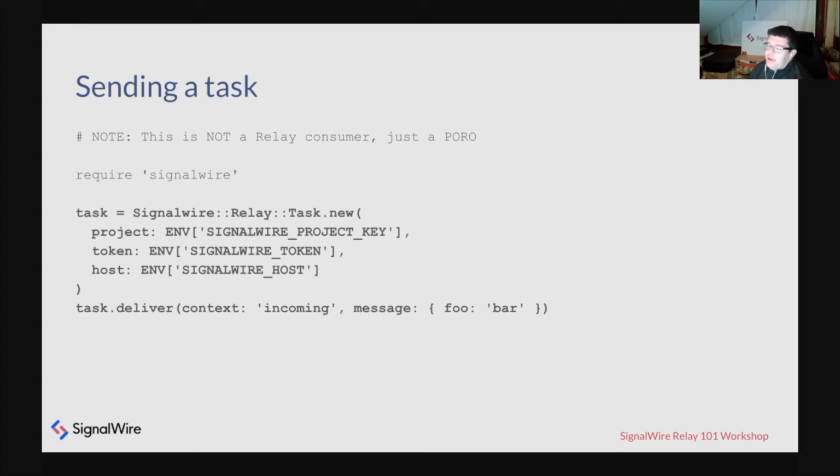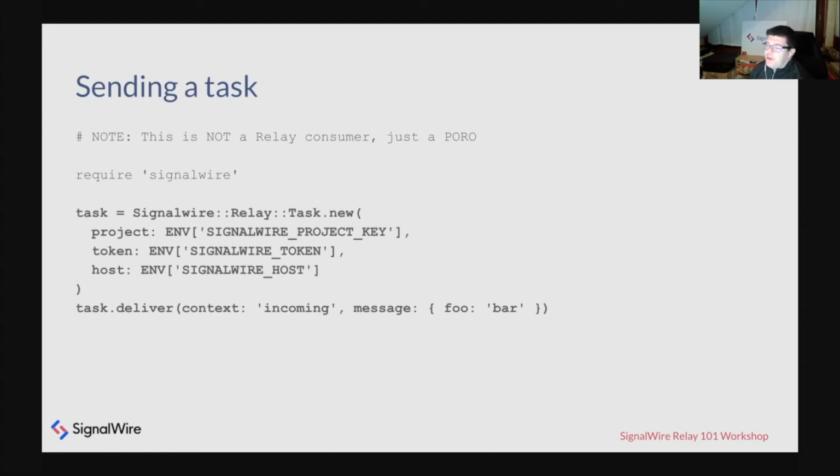As you see, you do have to specify the configuration variables explicitly when creating a task. We'll remove that need in the next version because it makes it easier. But the code you're seeing is not really part of a consumer. It could be in your Rails controller. It could be in one of your Sidekiq jobs. Anywhere you need it, it's just a plain old Ruby object, a PORO.